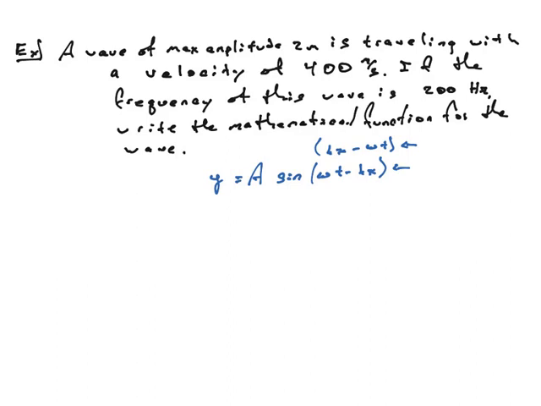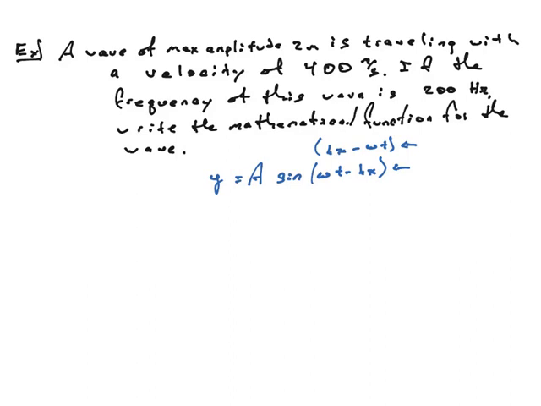The most important thing is to remember k goes with x. What does k represent? It's the wave number, which is like wavelength, so the wavelength thing is what multiplies the x. Omega goes with t, so the frequency thing goes with the t term. I will be able to look at your answer and tell which order you write this.